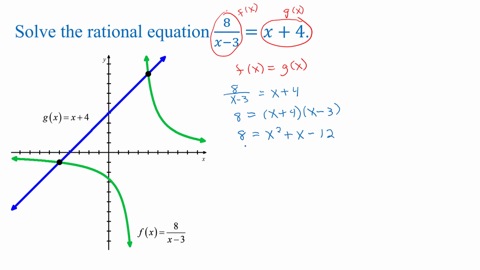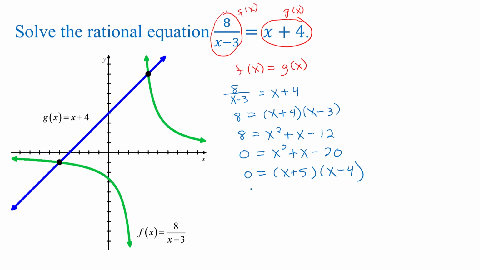I want to get a 0 on the left side, so I'll subtract 8 from each side to get 0 equals x squared plus x minus 20. And then factoring the right side gives x plus 5 times x minus 4. So the solutions for this equation come from setting each factor equal to 0.